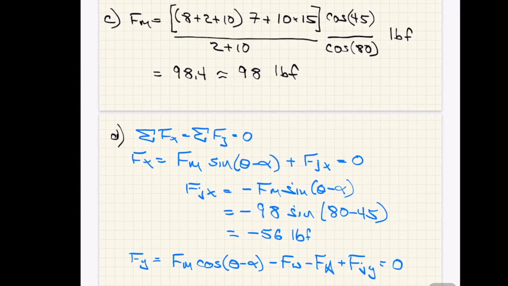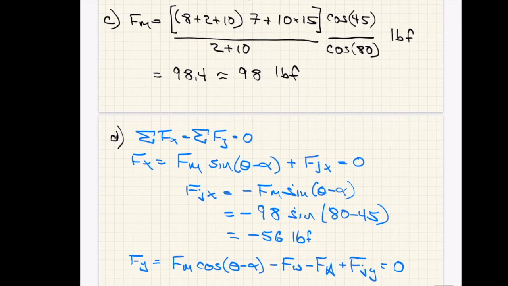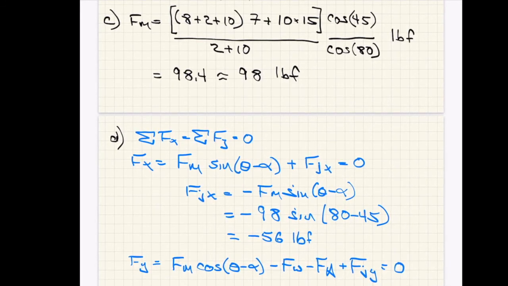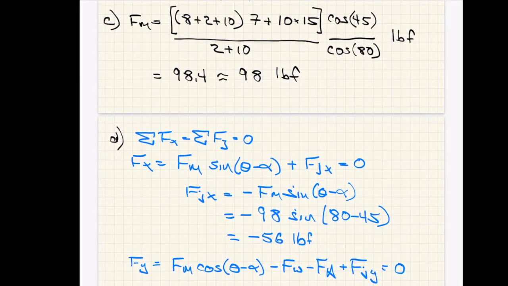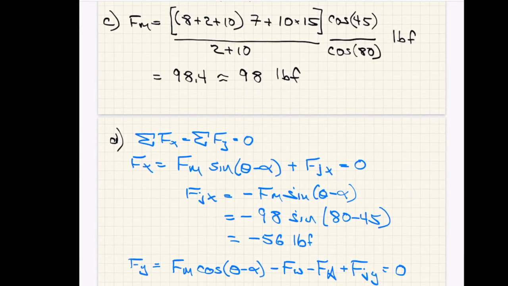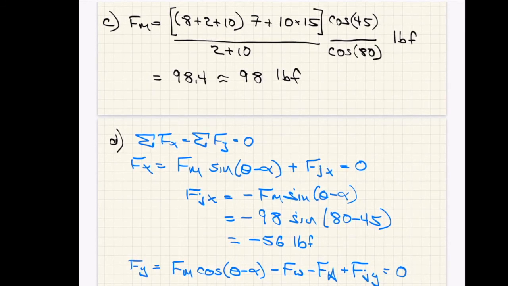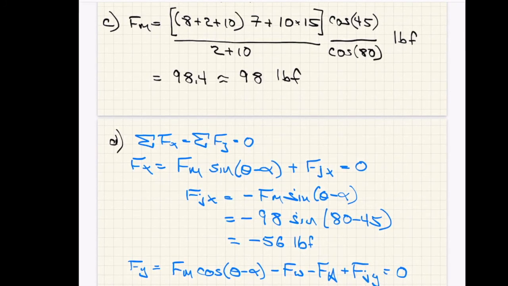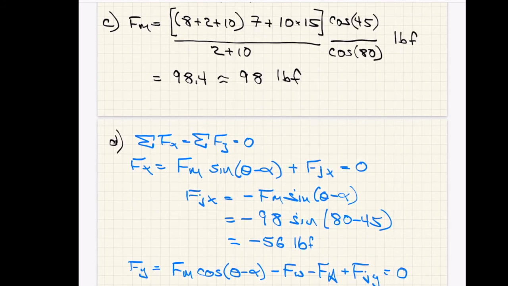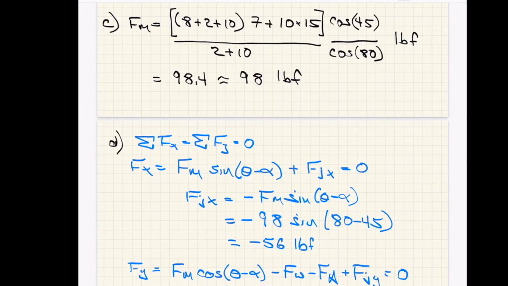So we have 7 plus 15, and we know that Fm is 98. And then we have cosine of that 80 minus 45. Okay, now we plug all those numbers in, and we'll get the number minus 58. Again, units of pounds, or force from pounds.